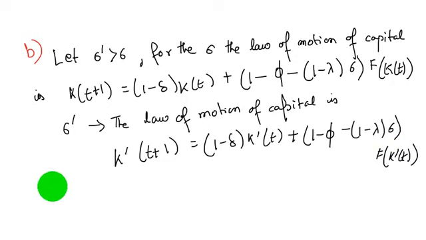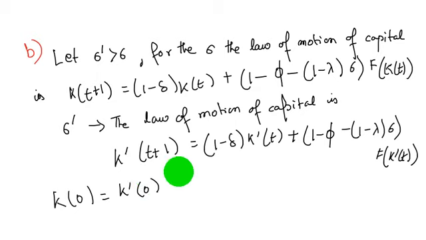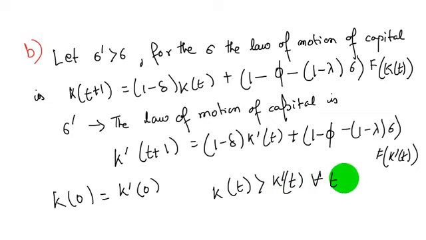Now starting from k0, which equals k dash 0, we need to show that kt is greater than k dash t for all values of t greater than or equal to 1.